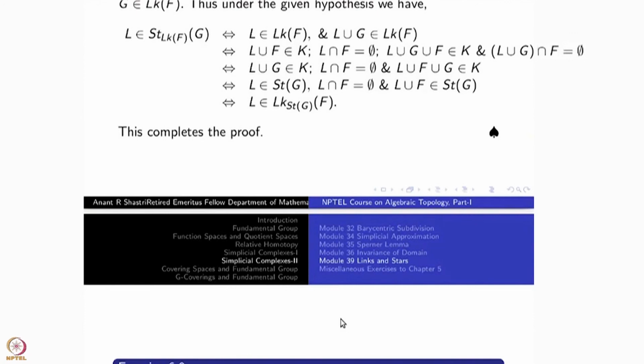That became a key result for Reisner to prove his result in combinatorics, which was in turn used by Stanley to prove a big theorem, the upper bound conjecture, and so on. So there is history here. That is one of the reasons why I spent some time on these links and stars. The only thing is, unless you are a little more familiar with them, you may even forget the definition.